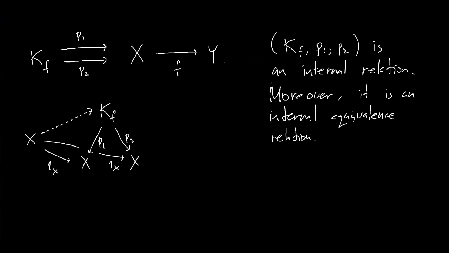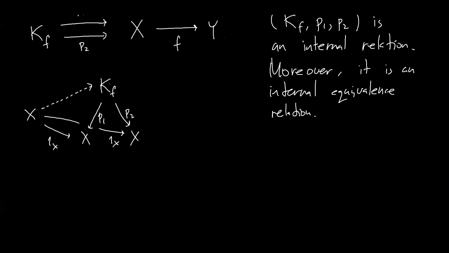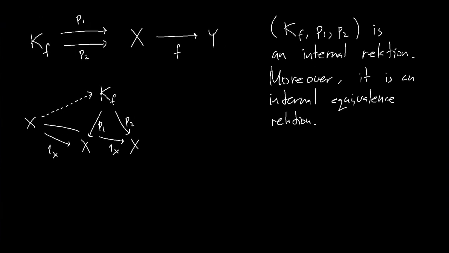So that ensures that KF will contain all the pairs of the form XX. Do you see that, Alexander? Yep. Okay, great. Symmetry.